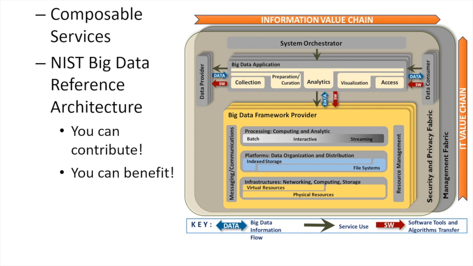Naturally, when we are trying to define multiple different applications, we want to share components with each other that are part of a unifying reference architecture. This is being achieved while we are looking at commonalities that are being identified by NIST so that we can define composable services.